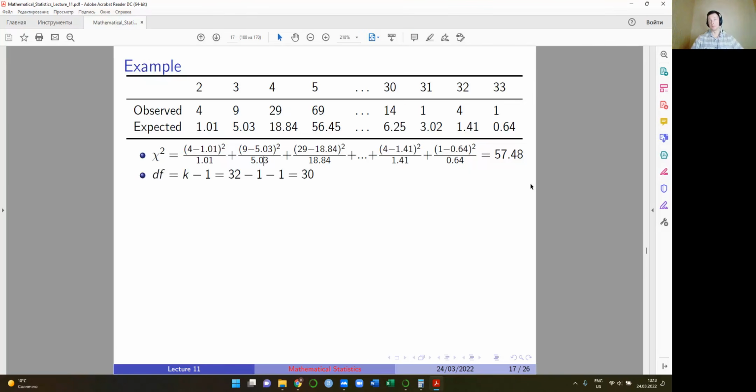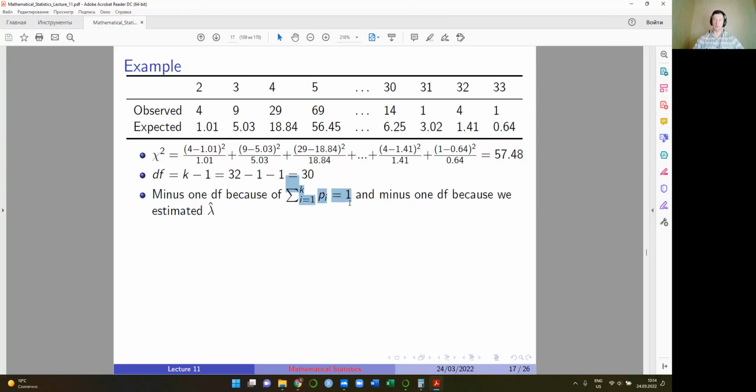The number of degrees of freedom. And now there is a trick here. We have 32 categories, but we reduce it by 1 two times. First, minus 1 degree of freedom because of the restriction that the sum of probabilities must be equal to 1.